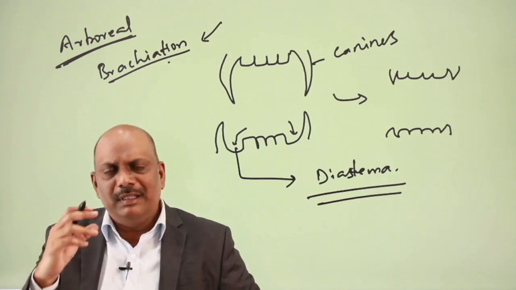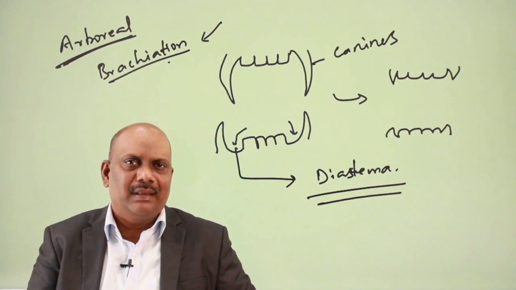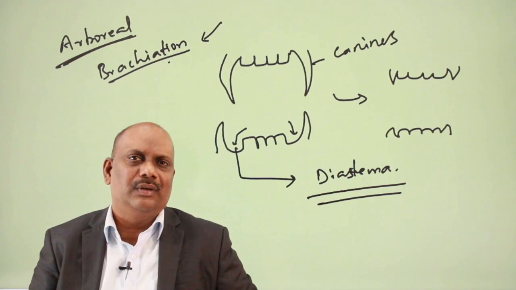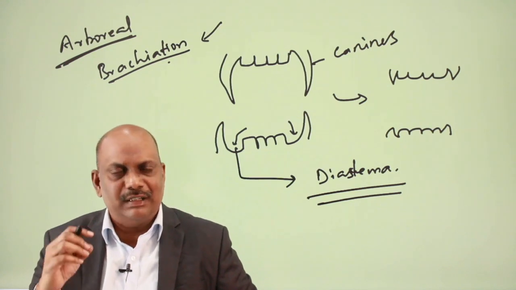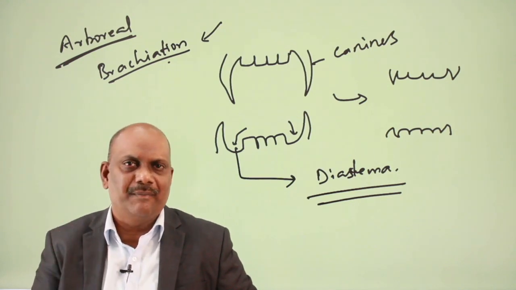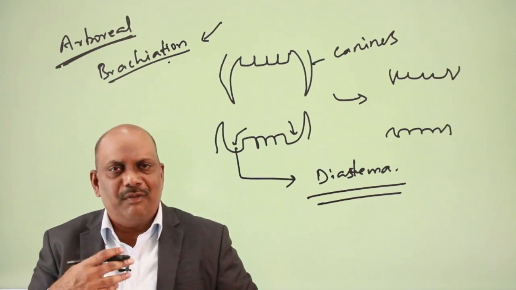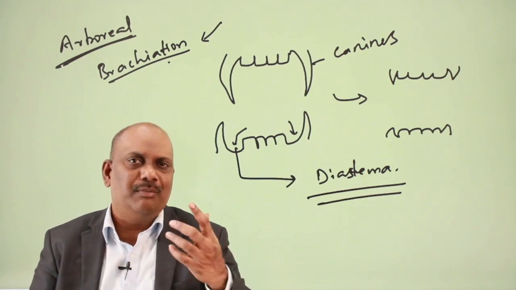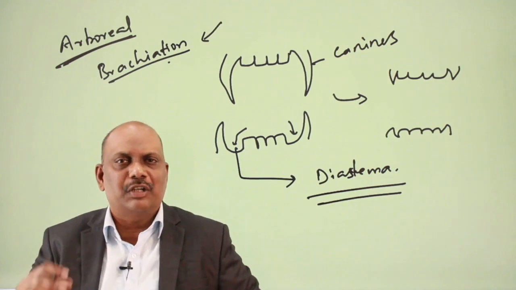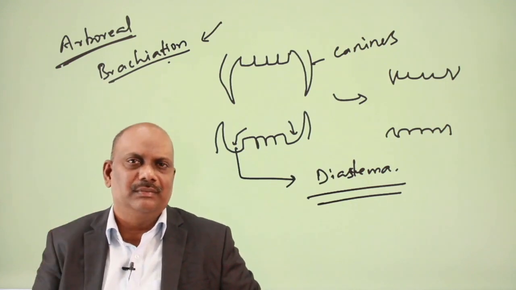But with the passage of time, Australopithecus started walking on the ground. In fact, Australopithecus were the first terrestrial apes. They were bipedal. And when they started walking on the ground, their forearms became free. That means they stopped using the forearms for locomotion.